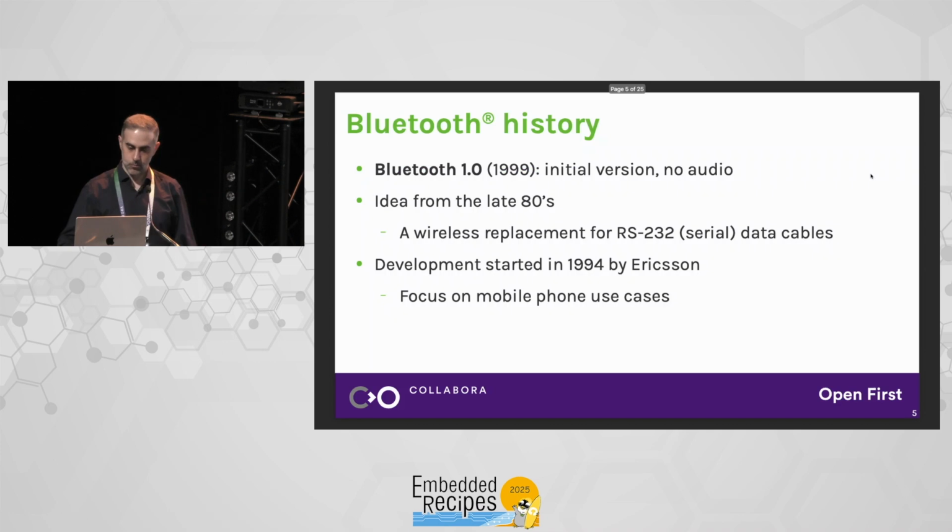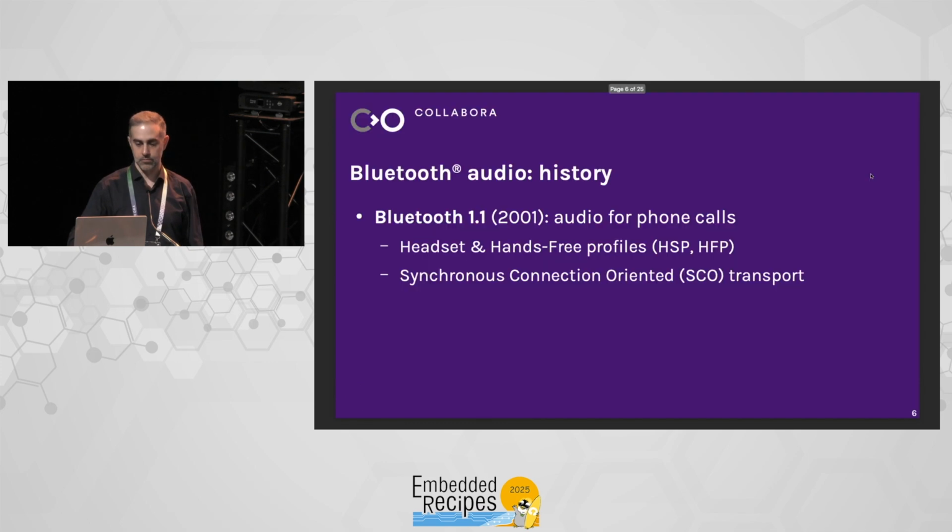The initial version, version 1.0 in 1999, had no audio, but then shortly after, in 2001, we had version 1.1 that had a specification for the headset and hands-free profiles, which allow us to connect to a mobile phone with a headset or a hands-free device and take phone calls and talk and hear the other person.